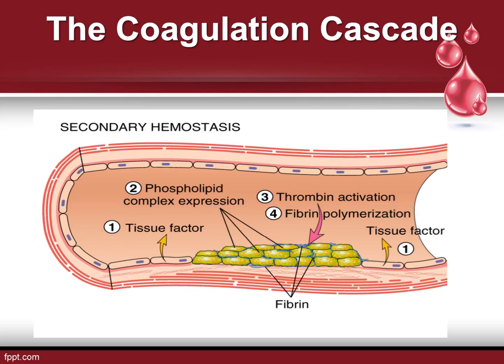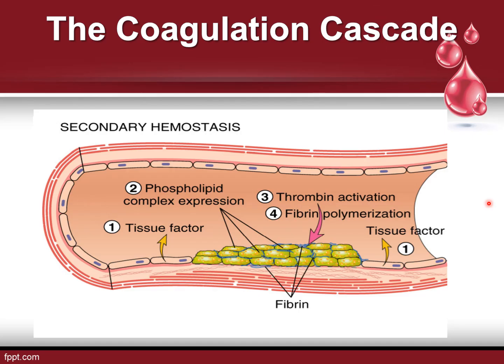When we talk about secondary hemostasis, we are talking about local activation of the coagulation cascade, as we can see with this cartoon, where it involves tissue factor and the platelet phospholipids that usually result in fibrin polymerization, which means it's like cementing the platelets into a definitive secondary hemostatic plug.